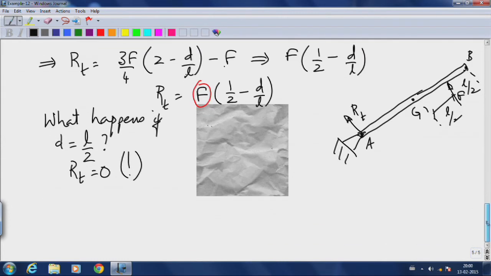Not just that R t is 0, R t does not depend on F. Isn't that even more surprising? The fact that R t is 0 means that the pivot A does not feel the effect of a force being applied at this point. I will call this C just for the sake of referring to it.